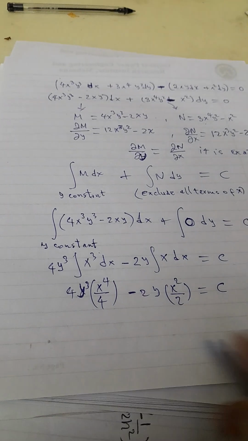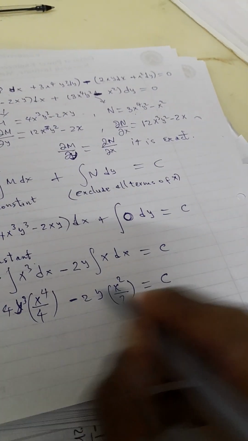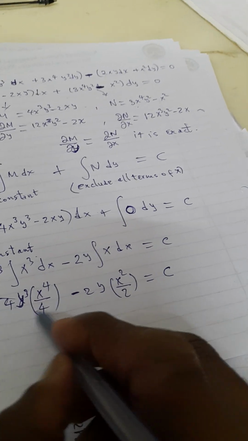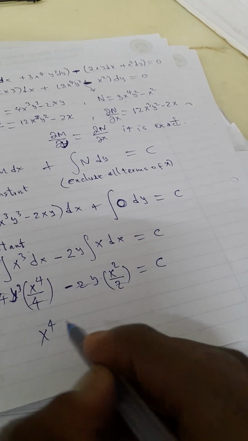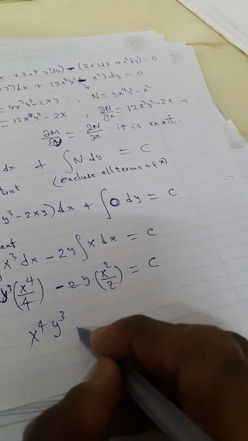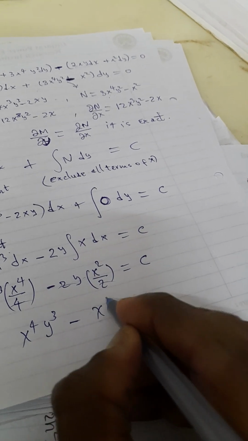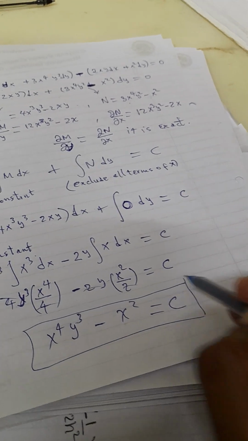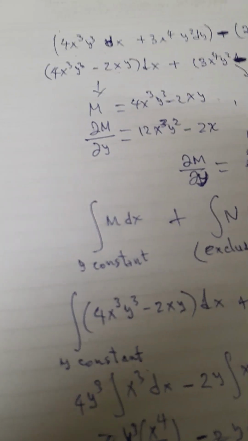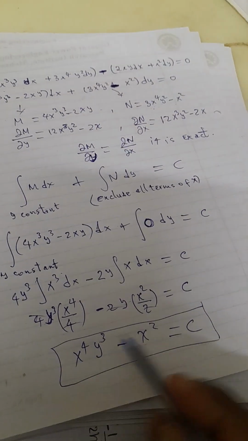Then you have just to do some simplification. 2 and 2, 4 and 4 cancel, so this will be x raised to 4 y cubed minus x squared is equal to c. Then you're done, this is the solution for this equation.